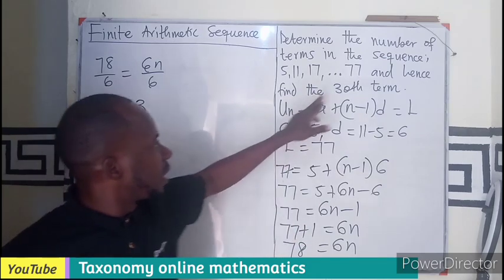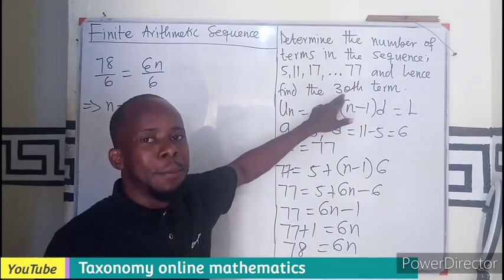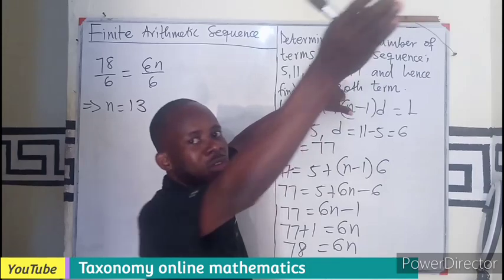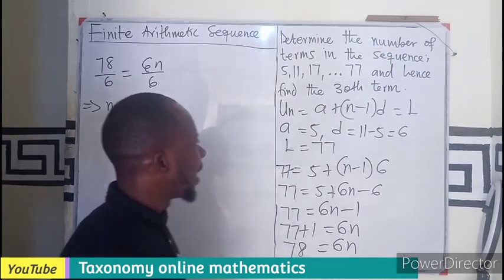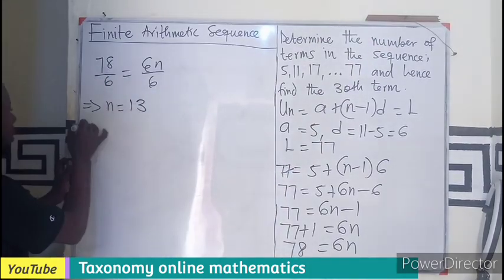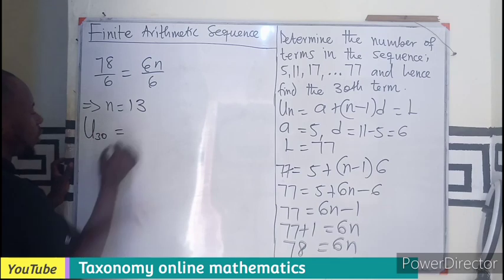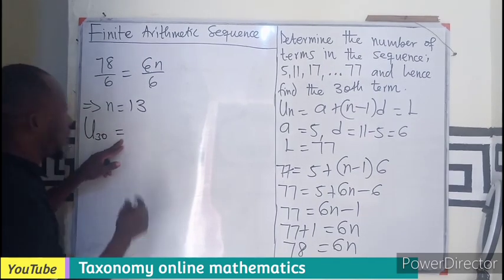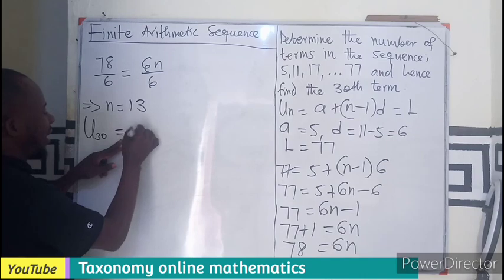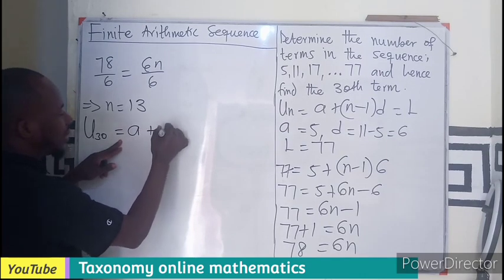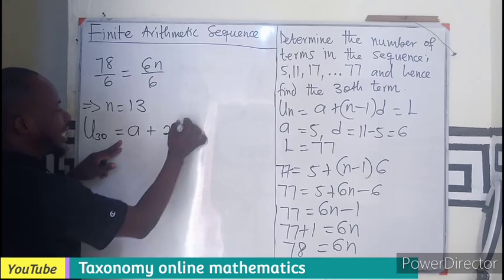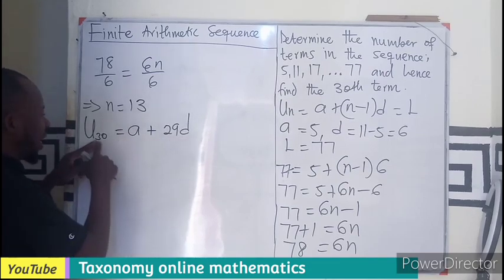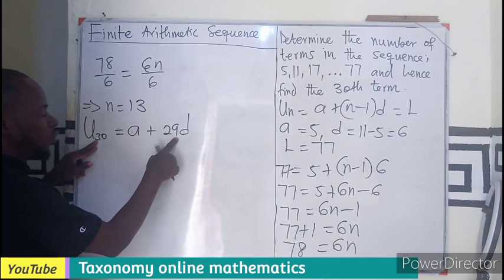Alright. The next question is to find the 30th term, meaning it goes beyond 77. So the 30th term will be U30 equals a + (n − 1)d, where n is 30, so 29d. Don't forget, this is 30, so 30 minus 1.